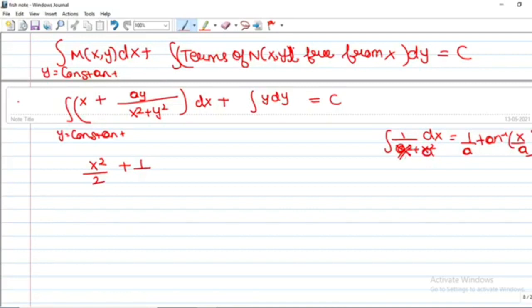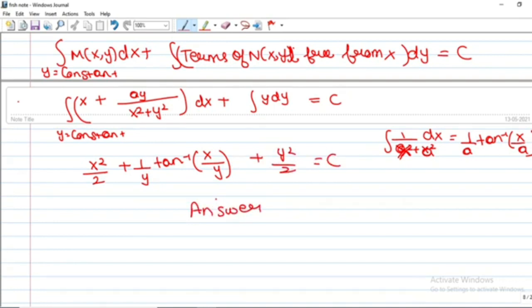So what we are going to get if we do this is 1 by y into tan inverse x by a, so x by y. After this we will integrate this y square by 2 and this constant. So we are done with this, and this is our answer.